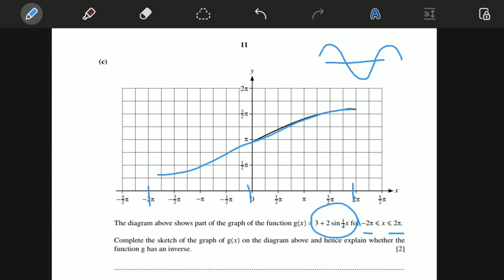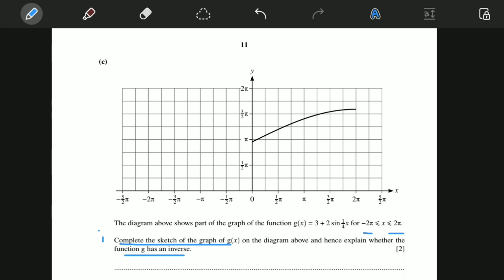This is about 1 by 4 x, so they have just given you one part of it, only this much, I guess. But we don't have to focus on this. Let's focus on what they have asked you. The first thing they have asked is to complete the sketch. This is task 1, and hence explain whether the function has an inverse. So this is task 2.